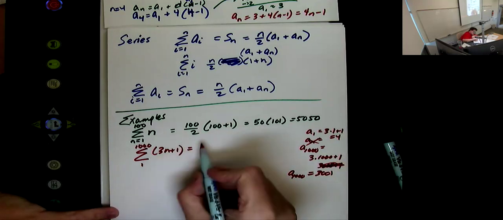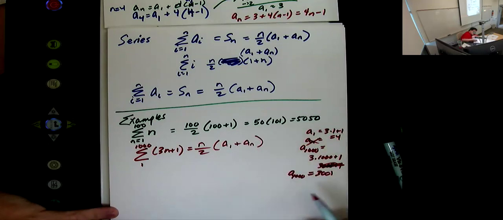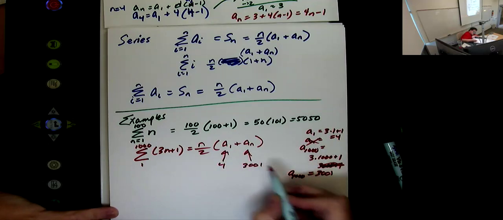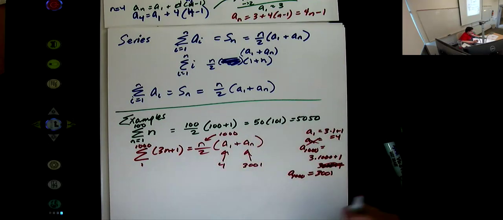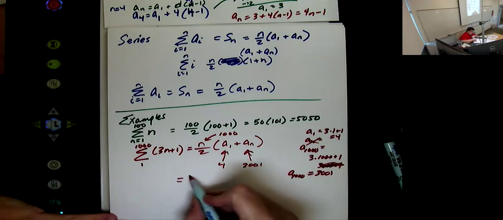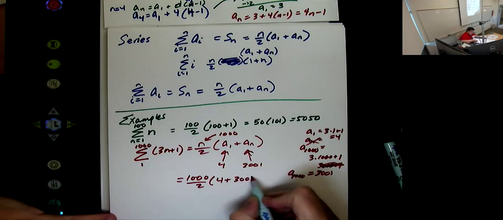So if I'm doing n over 2 times a1 plus an, that's 4, that's 3,001, and that's 1,000. So 1,000 over 2 times 4 plus 3,001.